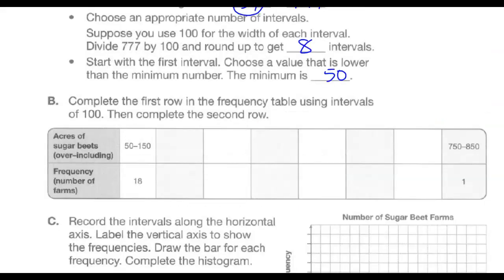So when you complete the first row here, and that's what the workbook has already done, started at 50. So 50 to 150, and the next would be 150 to 250, and 250 to 350, 350 to 450, and just continue that pattern.